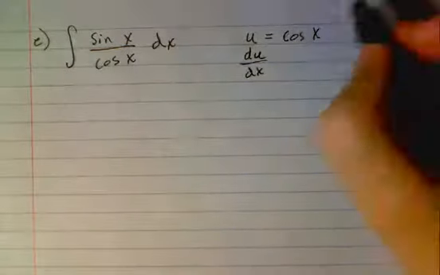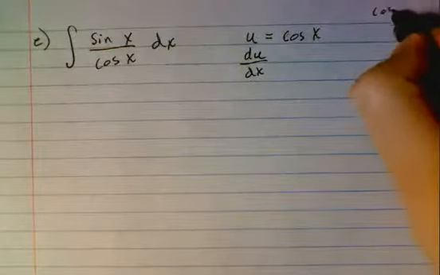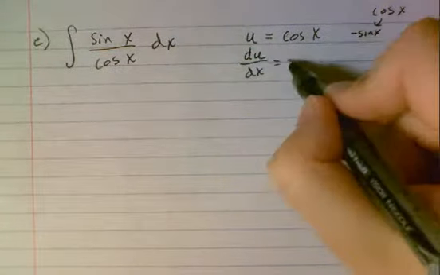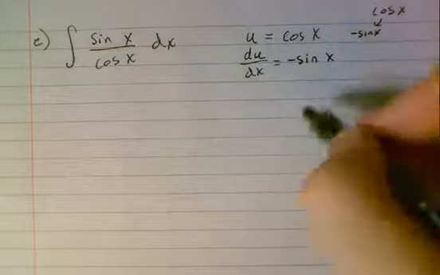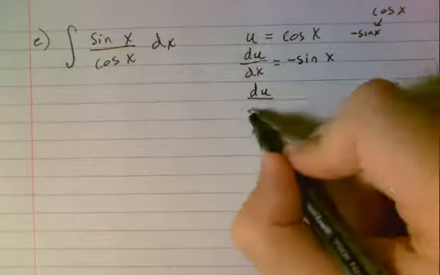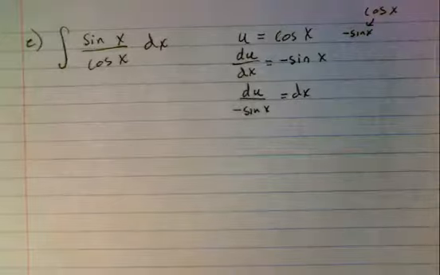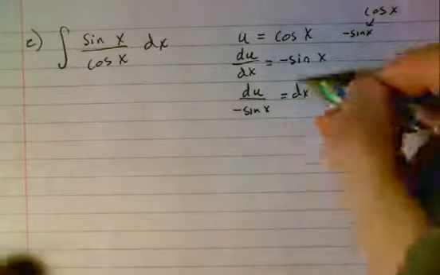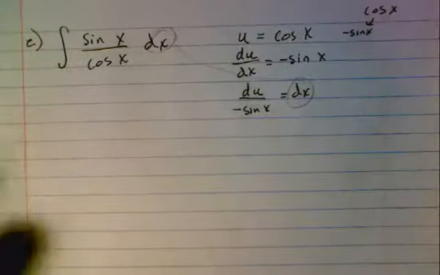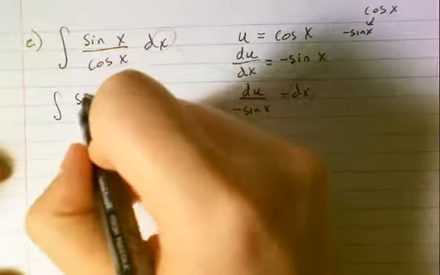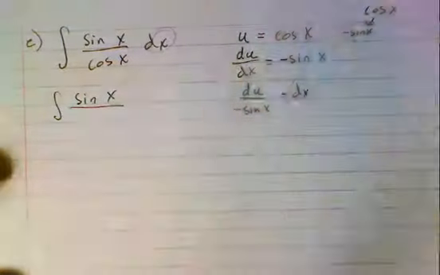So du dx, so we're doing the derivative, so that's cosine to negative sine. When we get dx by itself, we get that there. Now we're going to go ahead and substitute that in. So we have the antiderivative of the sine of x.